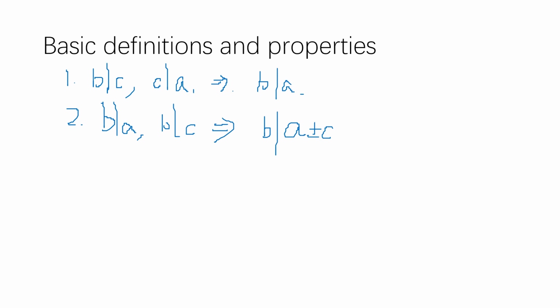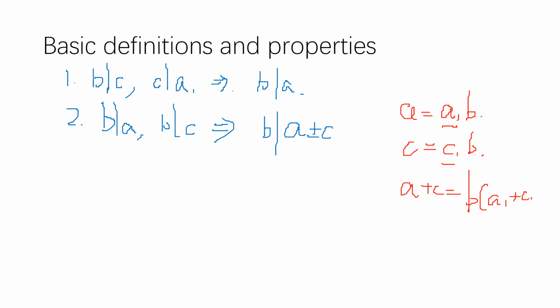Let's suppose that A equals A1 times B and C equals C1 times B. Here A1 and C1 are all positive integers because A and B, C and B are all positive integers. Good. So A plus C equals B times (A1 plus C1).